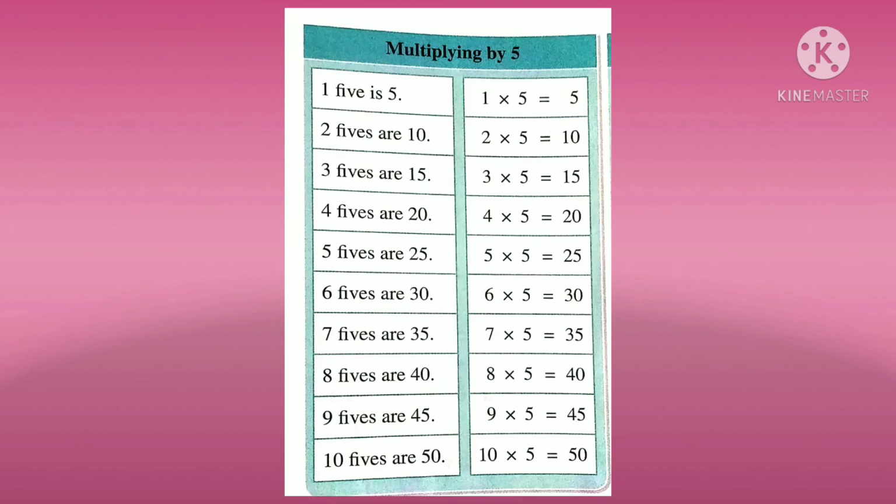Now we will learn the table of 5. 5 added 1 time is 5, 5 added 2 times is 10, 5 added 3 times is 15, 5 added 4 times is 20, 5 added 5 times is 25. 5 added 6 times is 30. 5 added 7 times is 35. 5 added 8 times is 40. 5 added 9 times is 45. 5 added 10 times is 50.